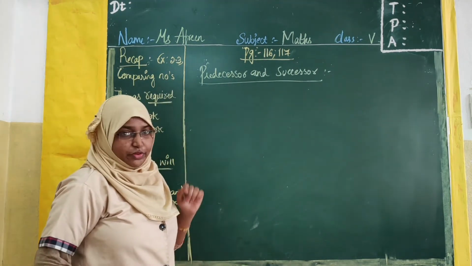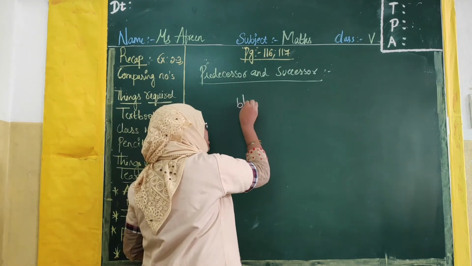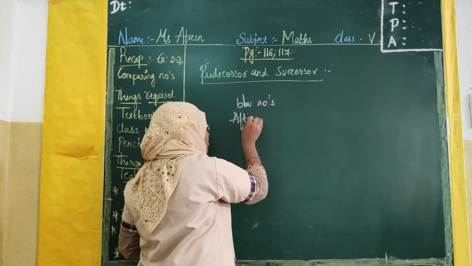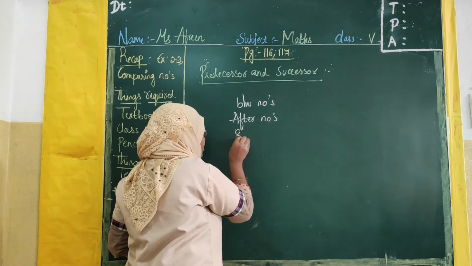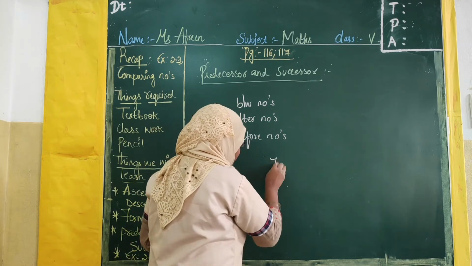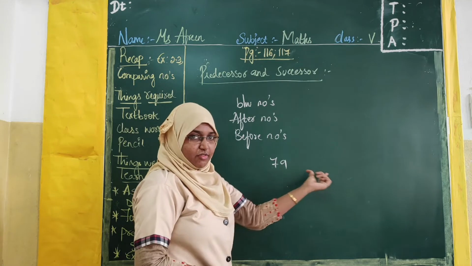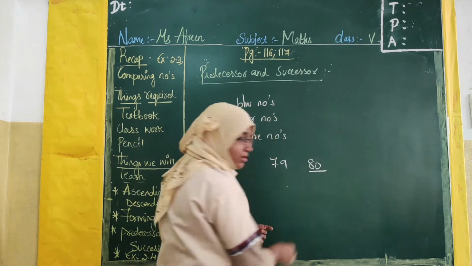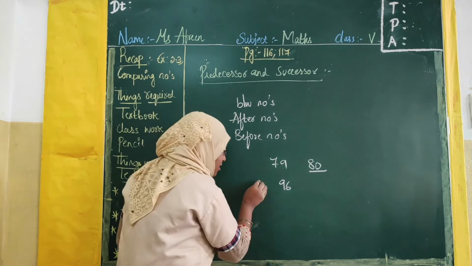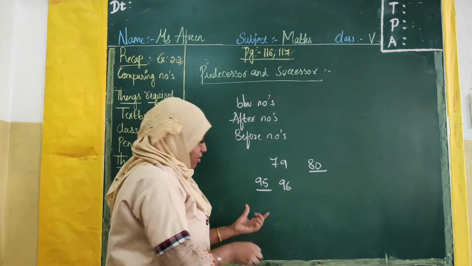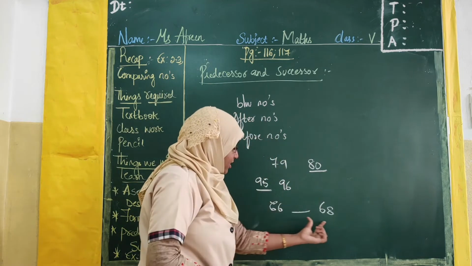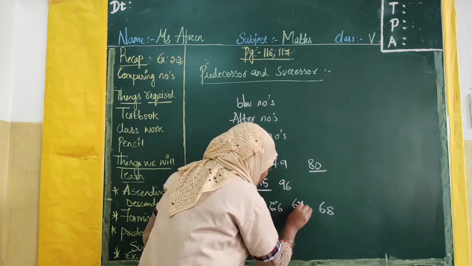You have already learned in your previous grades what comes between numbers, after numbers, and before numbers. Now 79, what is the number after 79? 80, right? 96, what is the number before 96? 95. If you take 66 and 68, between 66 and 68 you will have 67, right?